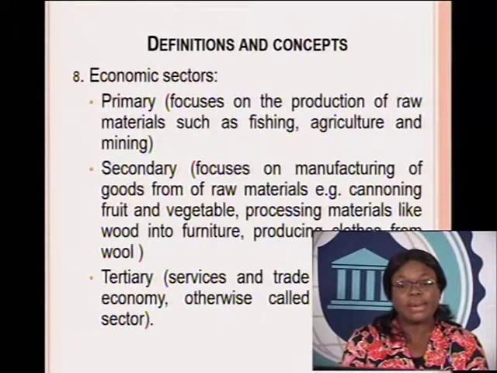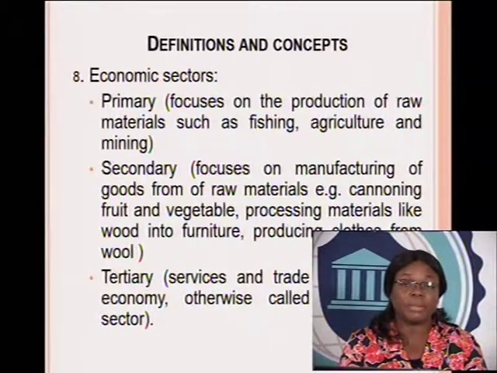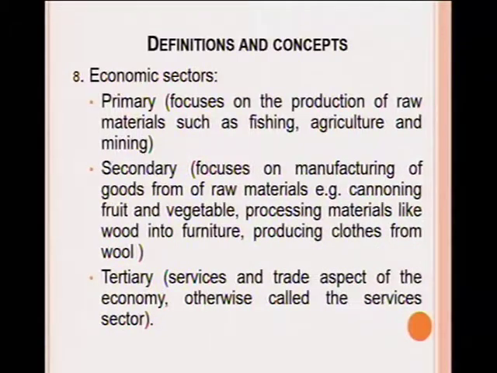Economic sectors: three main economic sectors in every economy, the primary sector, the secondary sector, and the tertiary sector. At this level, you should be able to define what an economic sector is and what the components of the sector are. For instance, the primary sector is the sector of an economy that focuses on the raw material.